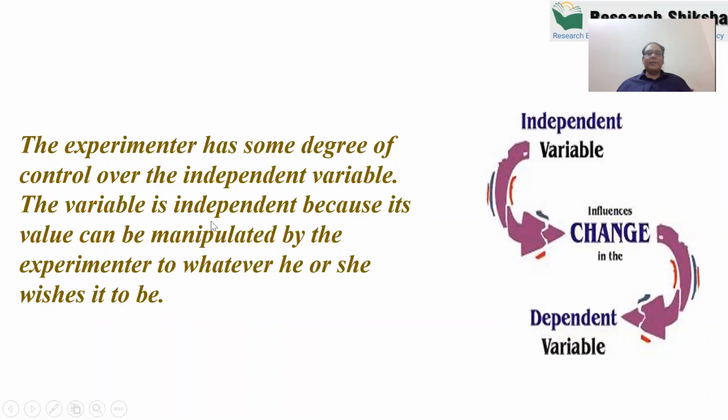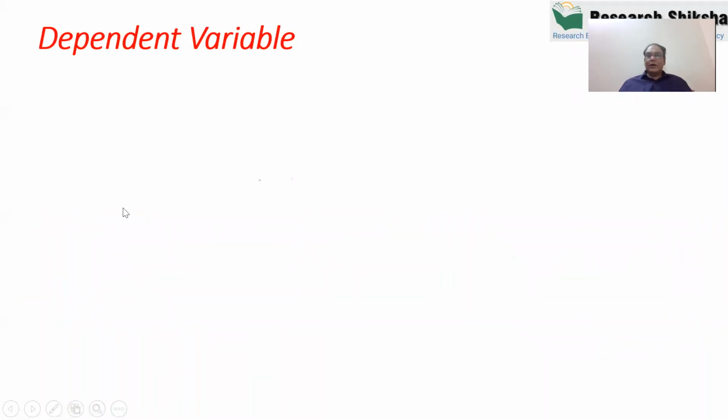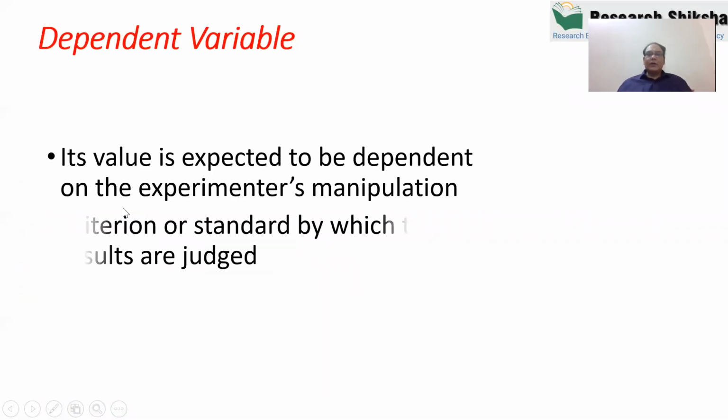The variable is independent because its value can be manipulated by the experimenter to whatever he or she wishes it to be. Okay. Now, dependent variable, you have to decide about the dependent variable. Ultimately, आपको measure क्या करना है? So in medical science, you have to measure the fever, or you have to decide the improvement.